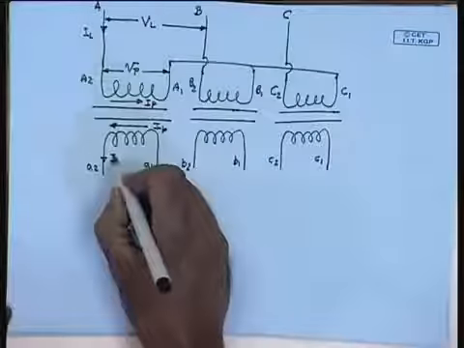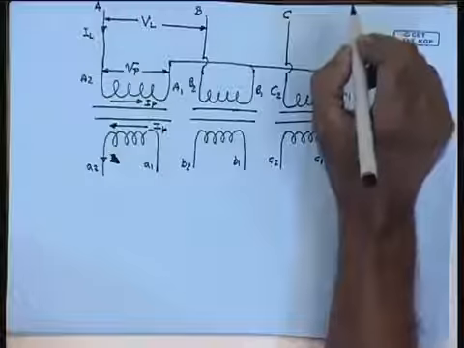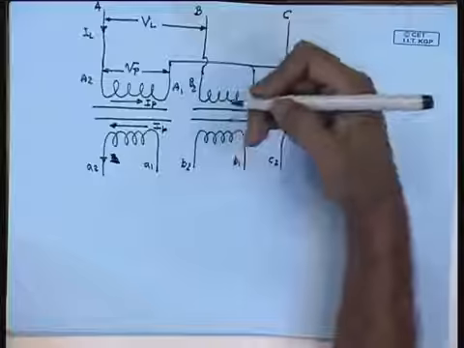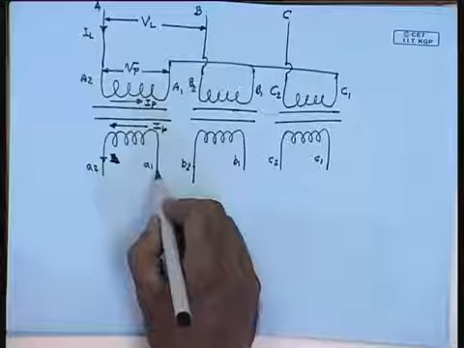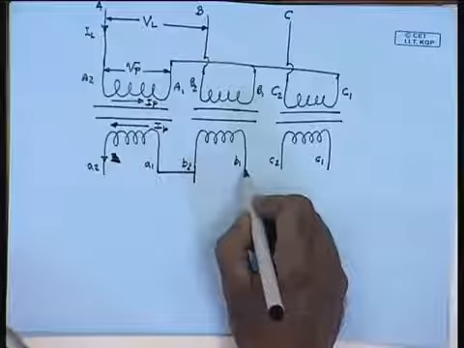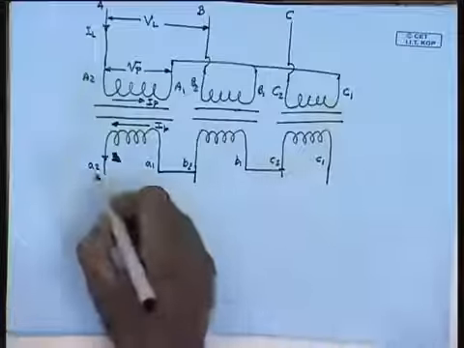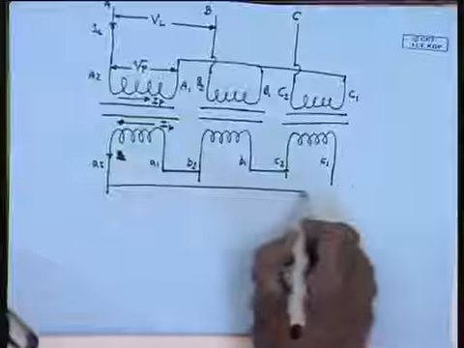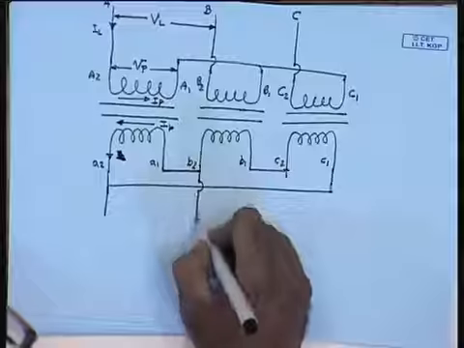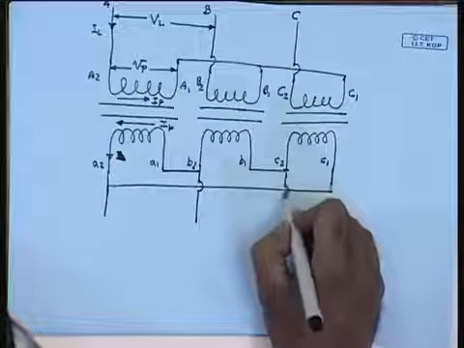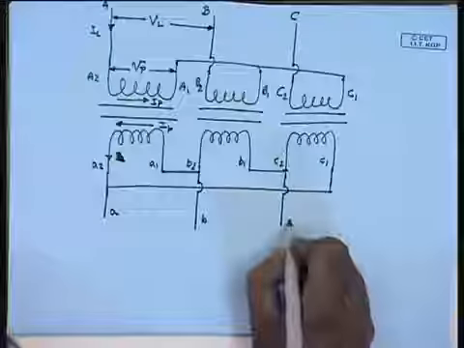Now, the low voltage side, let us say, is delta connected. How do I get this delta connection? Let us say for that we connect a1 to b2, b1 to c2 and c1 to a2. We still get supply from the terminals a2, b2, c2, which constitute the low voltage lines a, b, c.